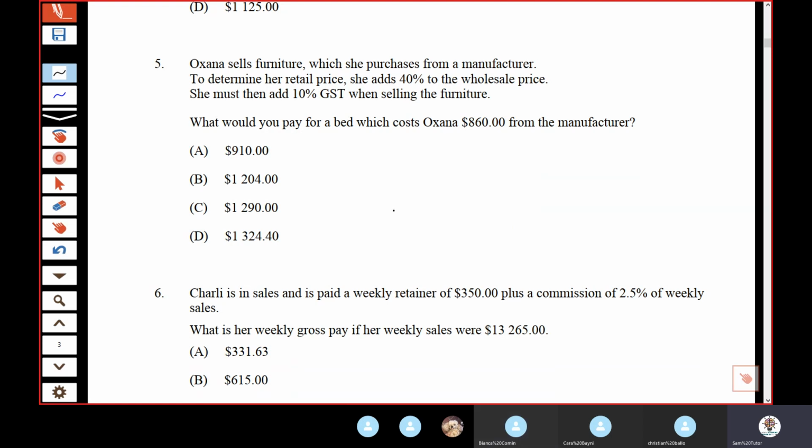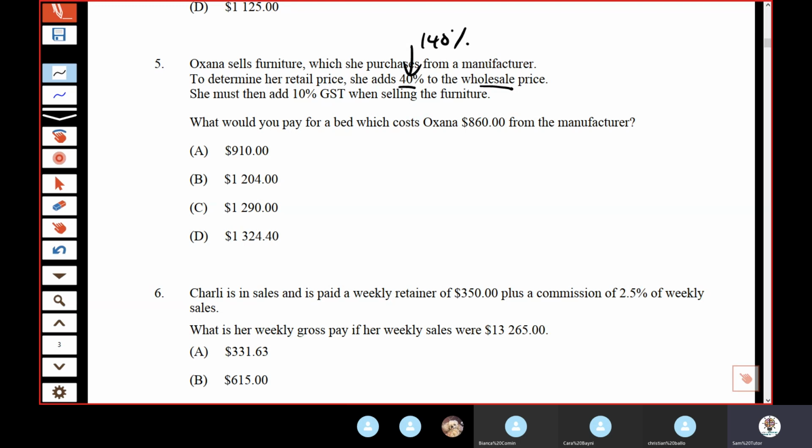Oksana sells furniture, which she purchases from a manufacturer. To determine her retail price, she adds 40% to the wholesale price. Do we understand what that means? That means 140%. If we're going to go backwards, like the stuff we saw last week, you've got to use 140%.